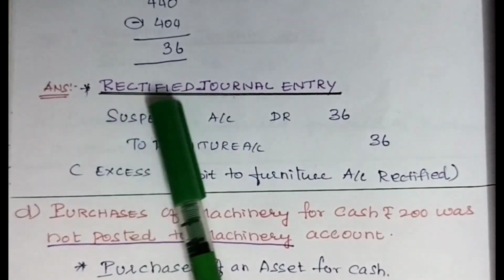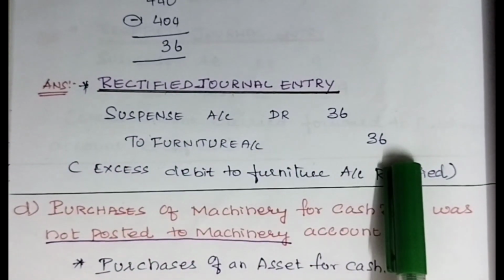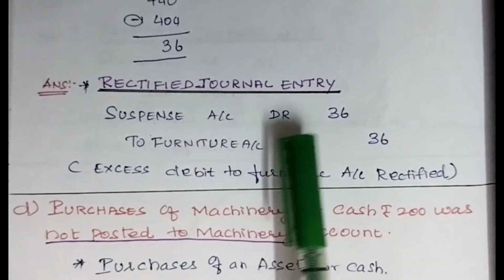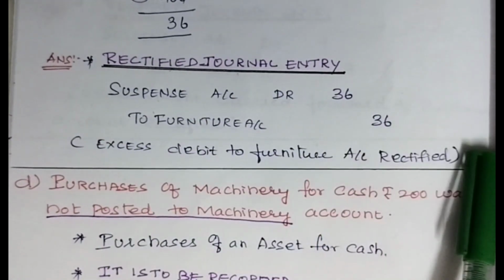As per the instruction given in the heading, you have to create the suspense account. So the rectified journal entry is suspense account debit to furniture account 36 rupees. So the excess debit to the furniture account is rectified.